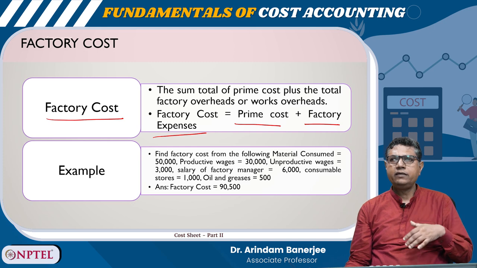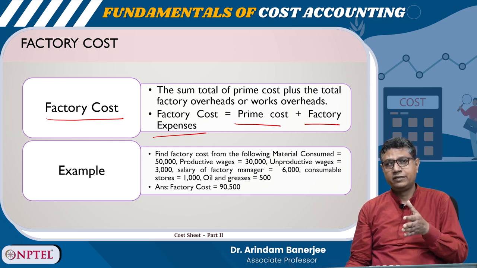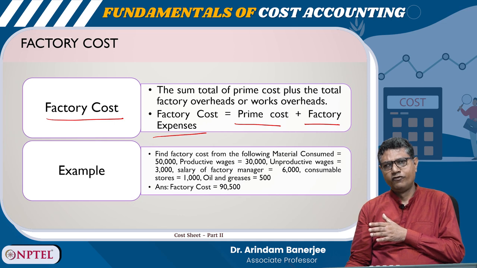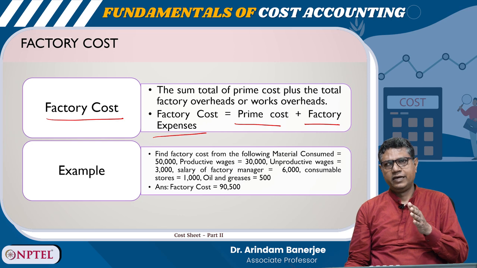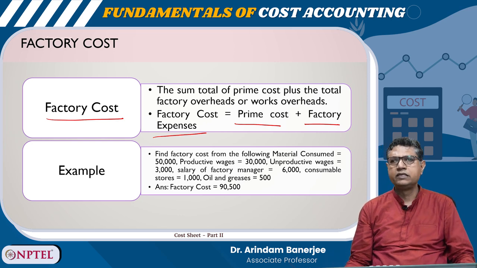Now, we are taking the indirect costs incurred in the factory, not the administrative overheads or the sales and distribution overheads. We are considering only the factory overheads here. So, factory cost is equal to prime cost plus factory expenses.